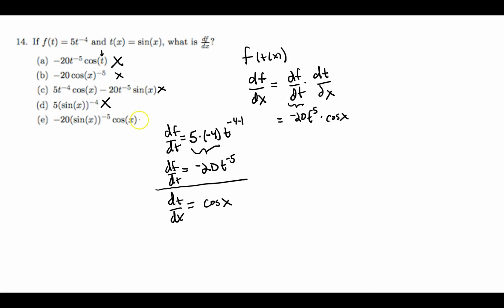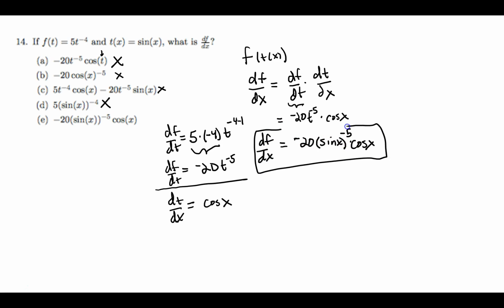And so what we're looking for then is letter E, and the reason being is that we're going to replace the t with sine x. So we're going to have this -20, and then sine x is raised to the -5th, times cosine x. For you to have the derivative of f with respect to x, all your variables should be in terms of x. And so that's why letter E is the answer.